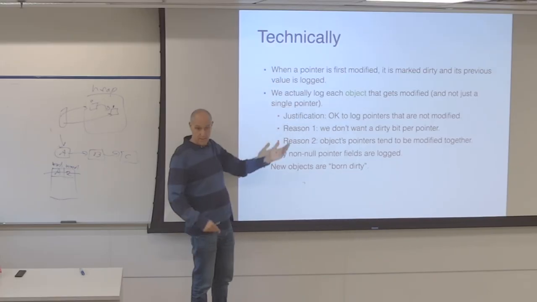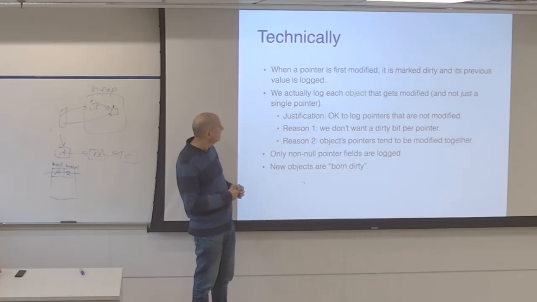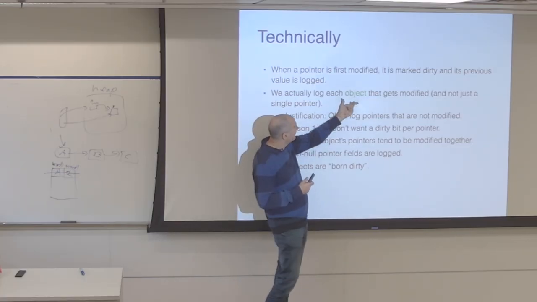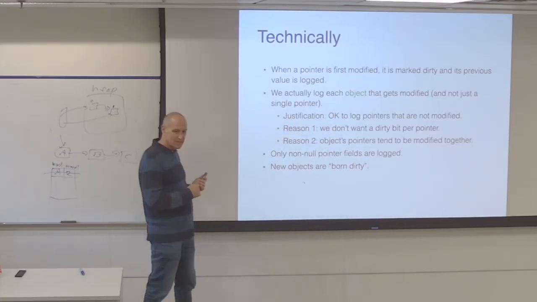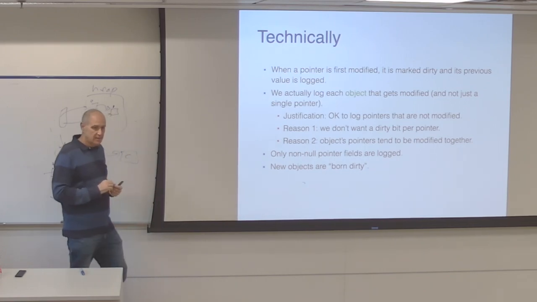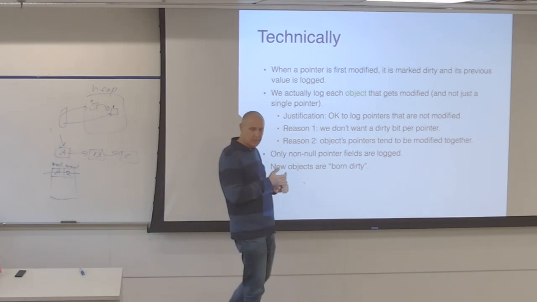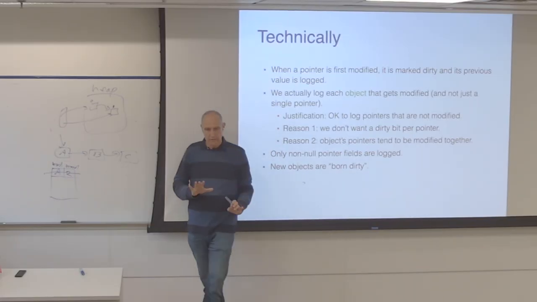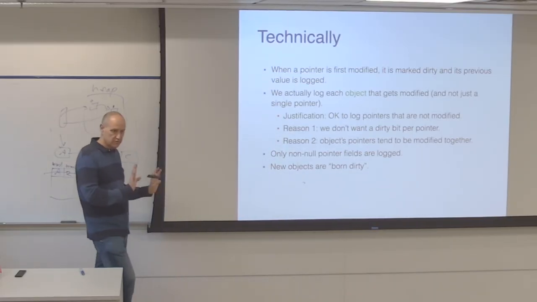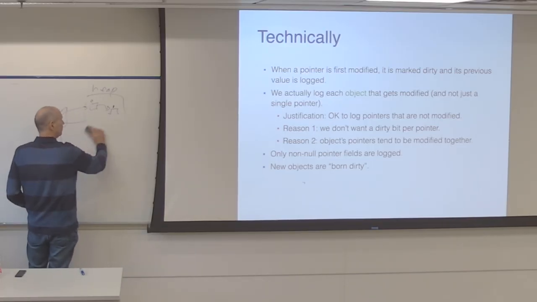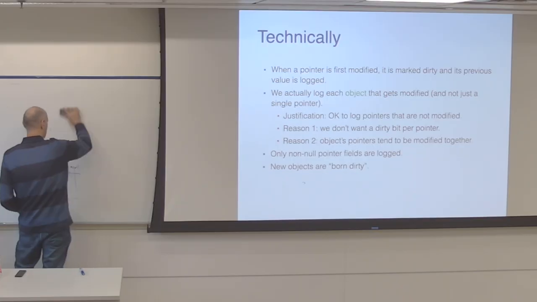I put it in some buffers that I keep. I log each object instead of each pointer, which seems to be the easier way to do it, but modern collectors sometimes log pointers and not objects. But let's talk in objects in this lecture.